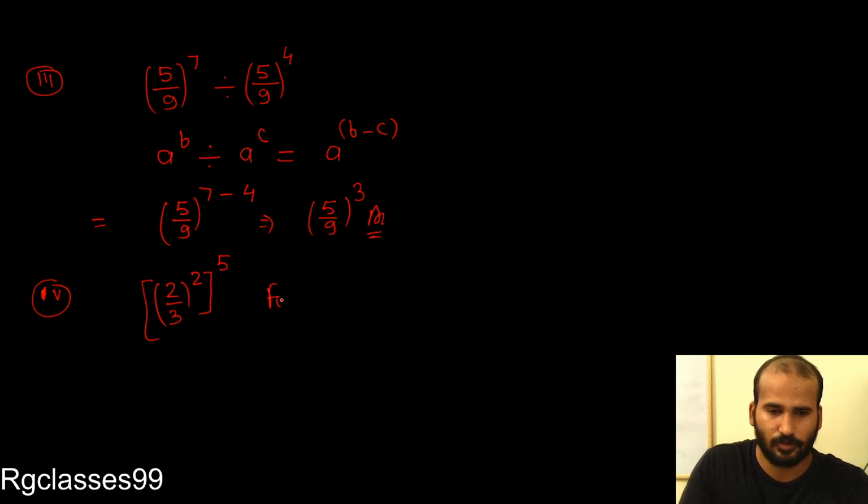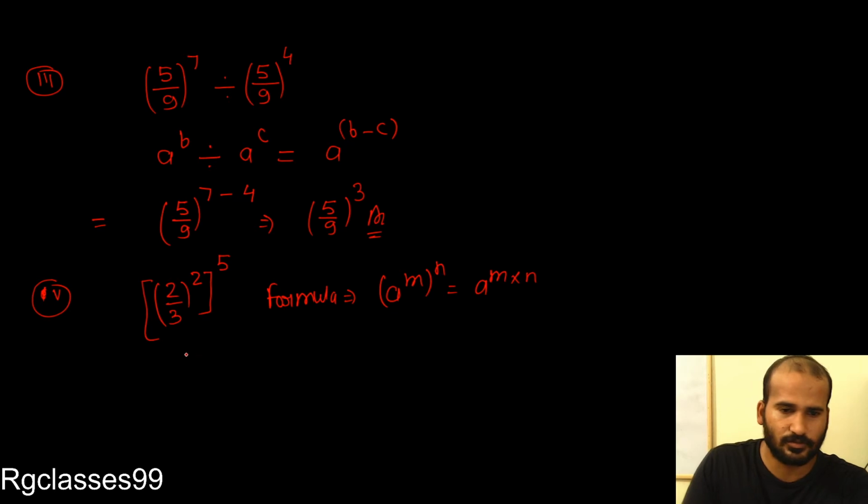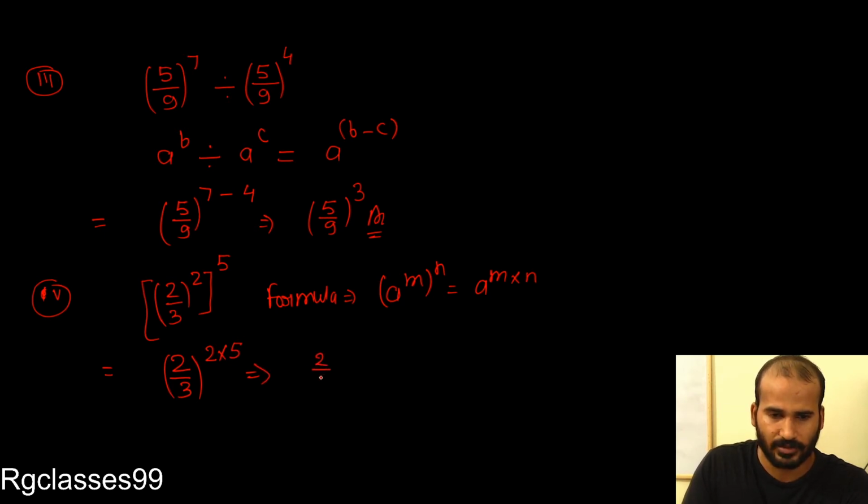The formula is (a^m)^n equals a^(m×n). So you have to take (2/3)^(2×5). Just multiply these two exponents, and your result will be (2/3)^10. This is your answer.